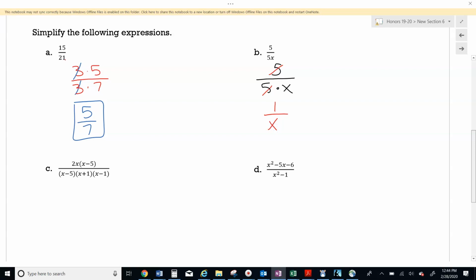So we have to write 1 over x. If everything in your numerator cancels out, you're dividing, 5 divided by 5 is 1, so there's still a 1 there, and then there's an x in your denominator.